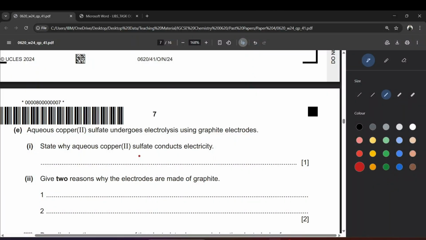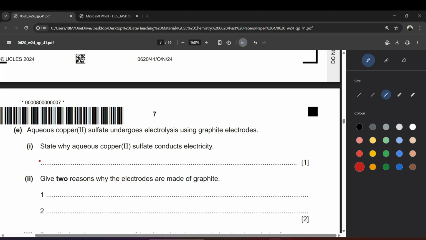Okay, so why can copper(II) sulfate conduct electricity? Because within your aqueous solution, the ions are able to move, right? So remember, the conduction of electricity is related either to the movement of electrons or the movement of ions. Because there are no electrons moving around in the solution, there are ions which are moving.